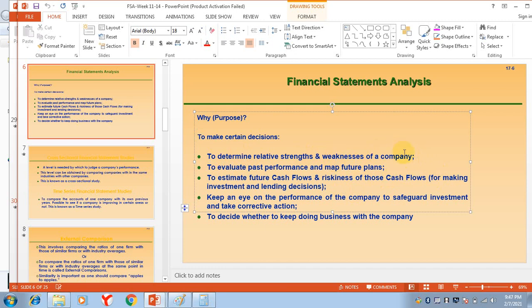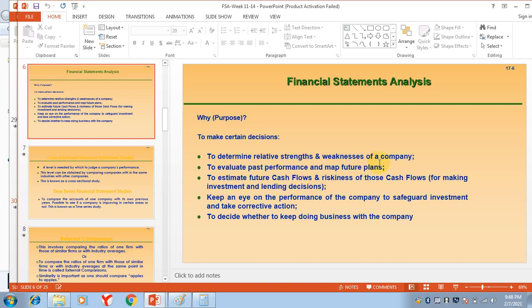You know about SWOT analysis. So this is a tool used for SWOT analysis, to evaluate past performance and map future plans. We want to evaluate the past performance. You will evaluate the past performance of the company, and on the basis of past performance, we will map future plans.